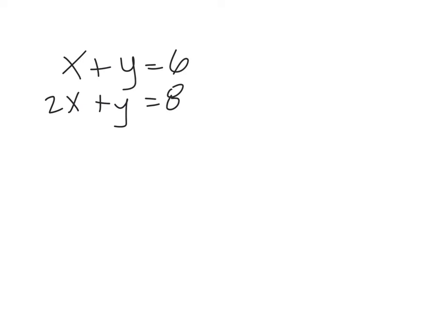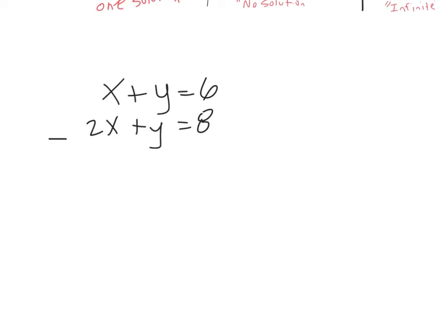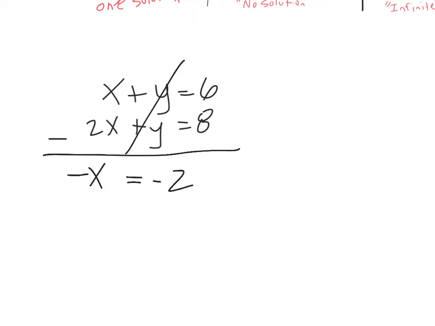I would look at this system and say, let's subtract them, because my y's here are already the same. So x minus 2x is negative x, y minus y cancels out, and 6 minus 8 equals negative 2. Then I can divide both sides by negative 1. My negative cancels out, and I have x equals 2.